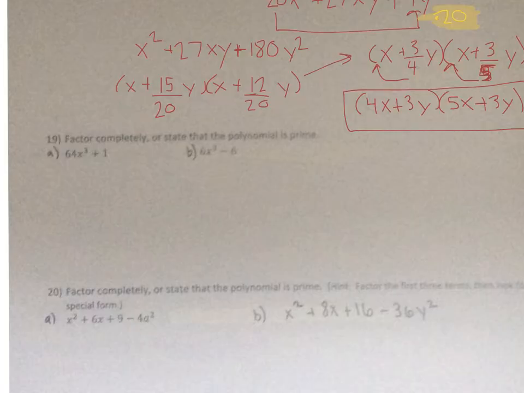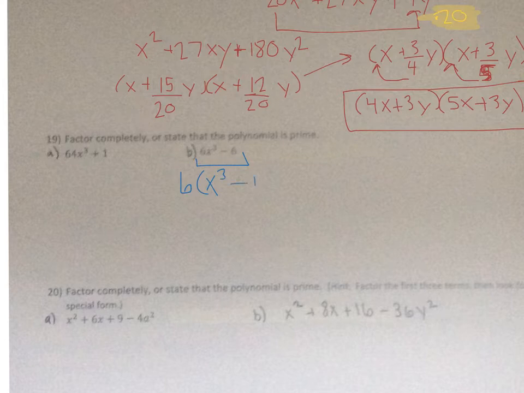Alright, this next question, number 19b, says factor completely and state if the polynomial is prime. So the very first thing we must do, factor completely, is to look for the greatest common factor. So here we have a 6. We can factor a 6 out from both of these terms.